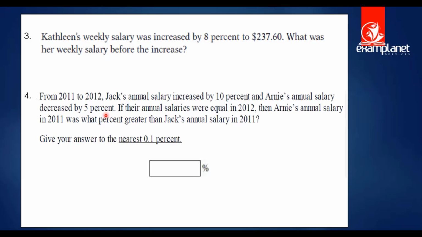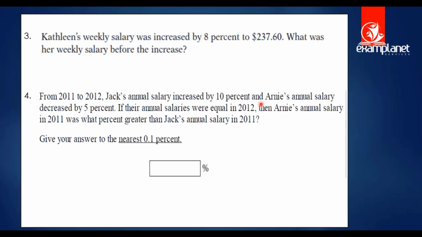So that means, like we said, if Jack's salary was J in 2011, that means in 2012 it was now 110% of J, a 10% increase. While Annie was A in 2011, now in 2012 it will be 95% of A. That's a 5% decrease. 100% minus 5%, 95%. While Jack will be 110%.